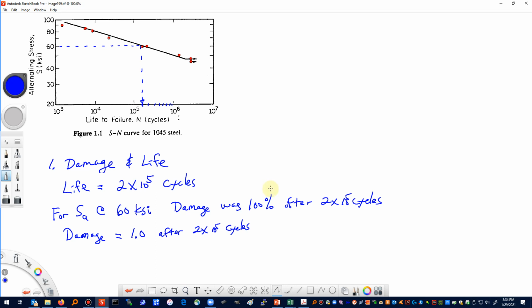Well, if each cycle contributed equally, and we had 2 times 10 to the 5th cycles, and we want a damage equal to 1, and if each cycle contributes equally, the damage per cycle must have been 1 over 2 times 10 to the 5th.